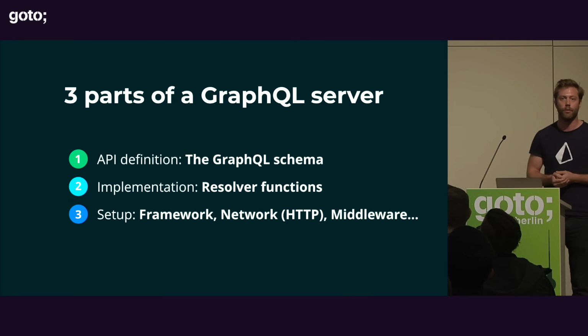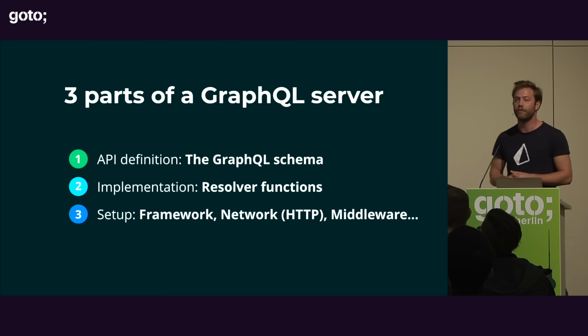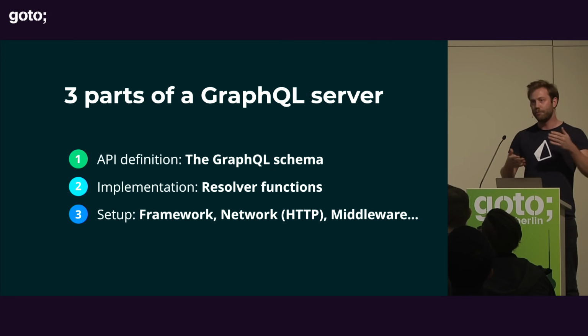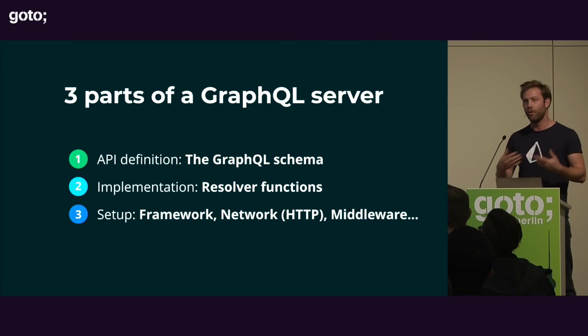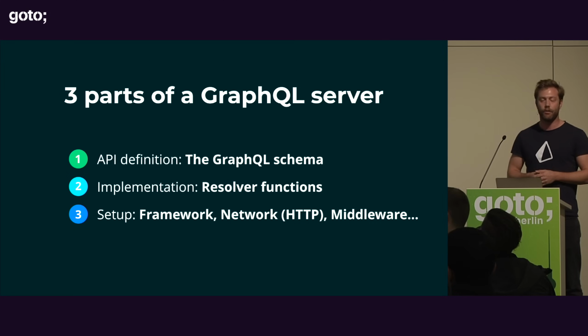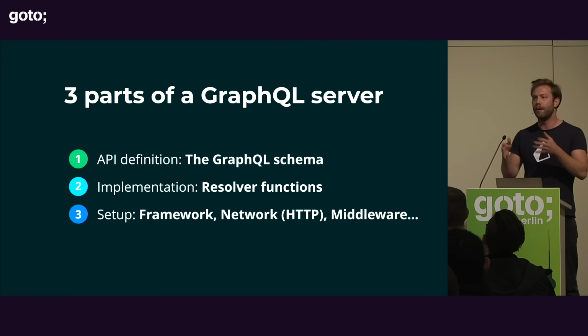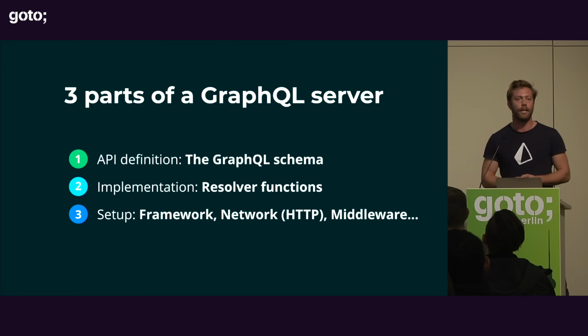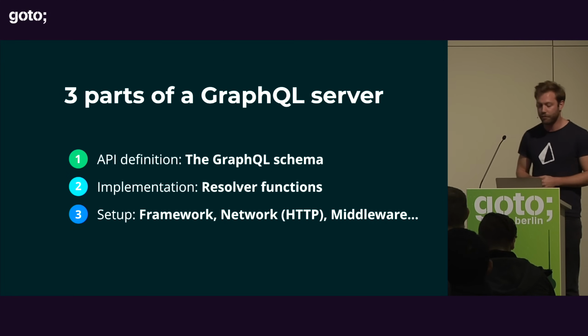Usually you'll want to build your HTTP server in a way that it speaks HTTP, which is the most common transport protocol used for GraphQL servers today. But potentially you could also use another transport layer. You're not bound to HTTP by the specification, but most GraphQL libraries that you'll find today are using HTTP.